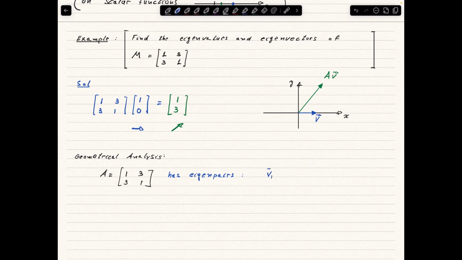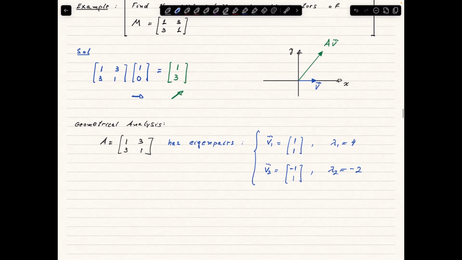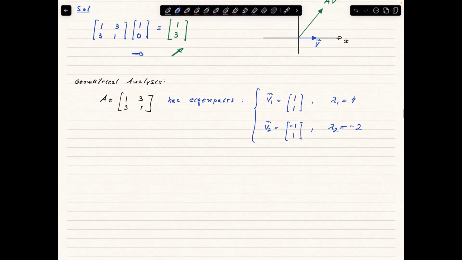We said the first eigenvector was (1, 1), and the corresponding eigenvalue was lambda 1 equal 4. And then it had another eigenvector, V2, that we identify as (-1, 1), or any multiple of that, of course, with eigenvalue -2. So now that we know that, we can actually verify, so we can check. I'm going to check one, you can check the other.